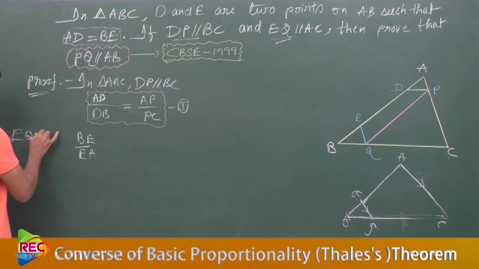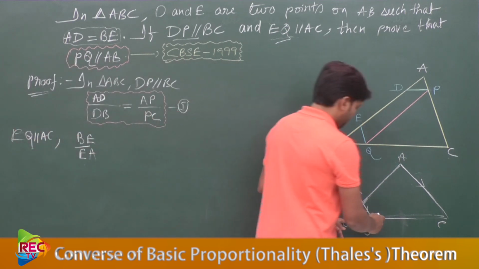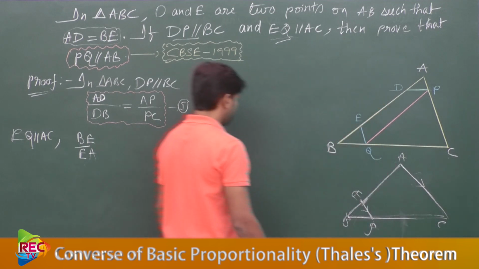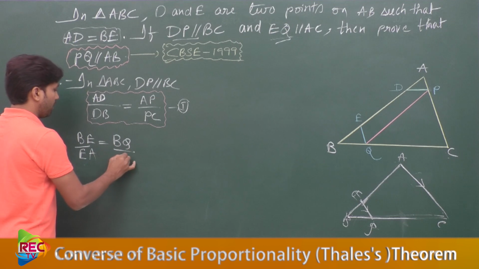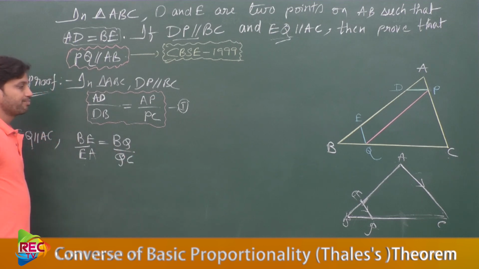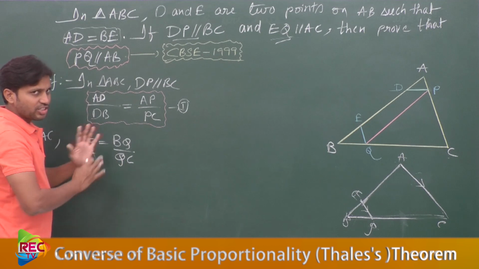EQ parallel to AC is given. Then we can say that BE by EA equal to BQ by QC.